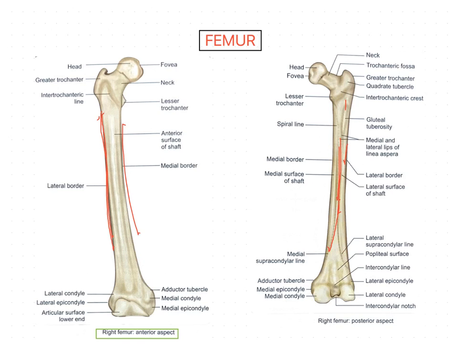The medial lip of the linea aspera is continuous above with the spiral line of the upper part of the shaft of the femur, and below it is continuous with the medial supracondylar line, while the lateral lip is continuous above with the gluteal tuberosity and below with the lateral supracondylar ridge.